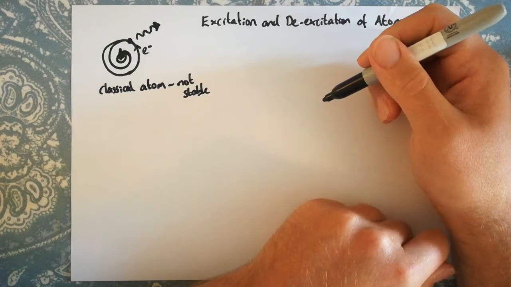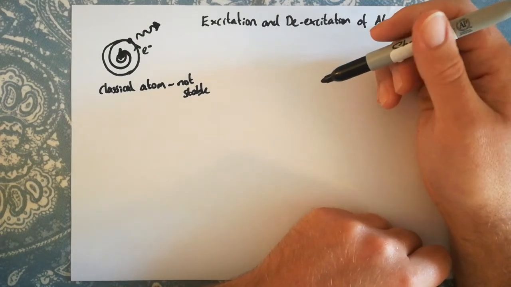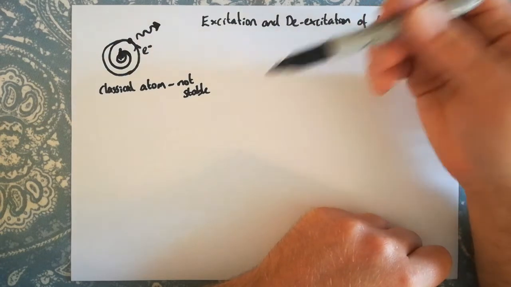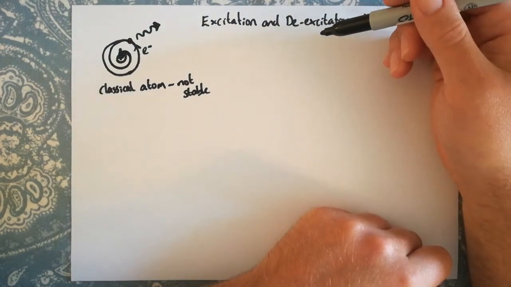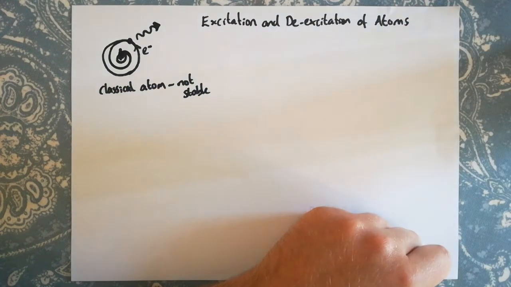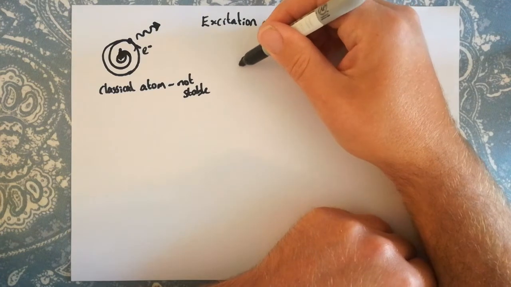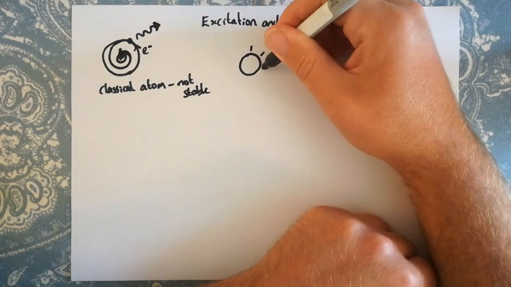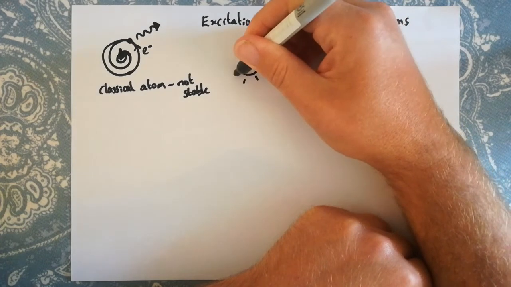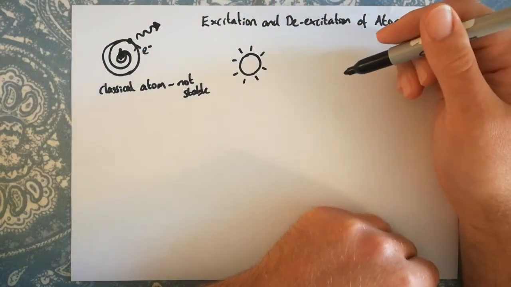There were further problems as well. It was observed that atoms in a gas which were excited would give out light. For example, atoms of hydrogen and helium and other elements in the sun give out light.